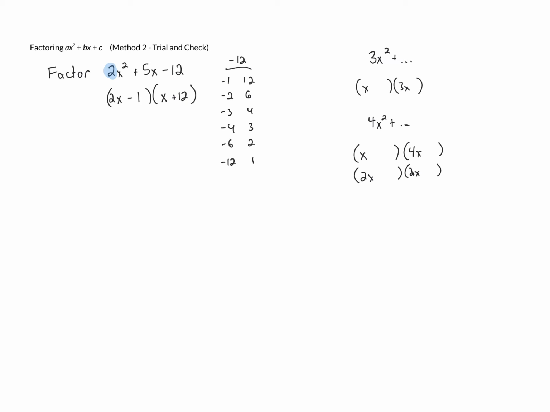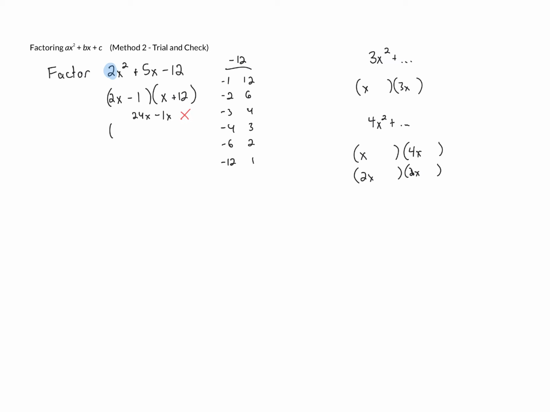So that's the F and the L in FOIL. We need to check now if the outer and inner terms will combine to give us 5x. So the outer terms here, 2x times 12 is 24x, and the inner terms, negative 1 times x is negative 1x, and 24x minus 1x does not equal 5x, so we know that's not the right one.